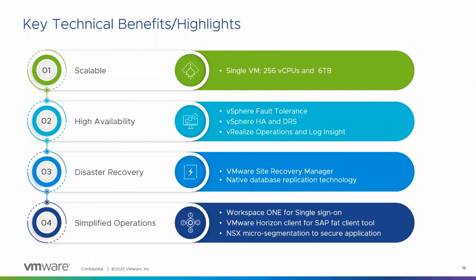Now, the technical benefits, and I want to highlight a few things here. Why do you run HANA on vSphere? First is the scalability. If you look at vSphere 6.7, or even version 7.0, we can actually scale VM resource to 256 virtual CPU and 6 terabytes of memory.